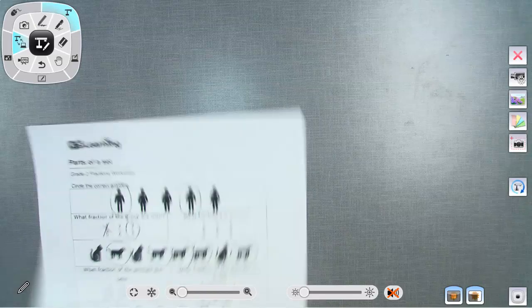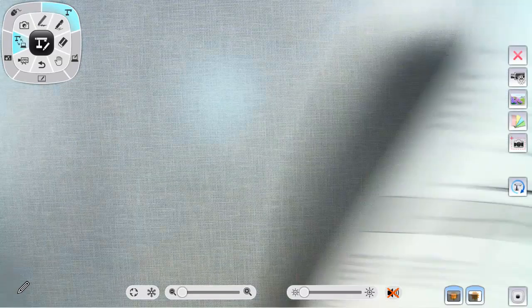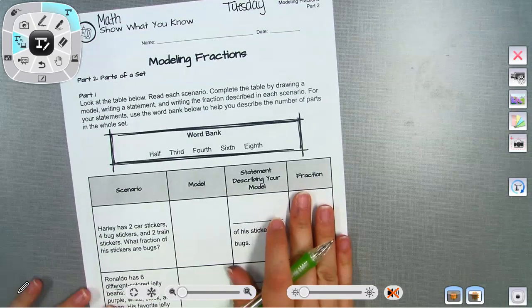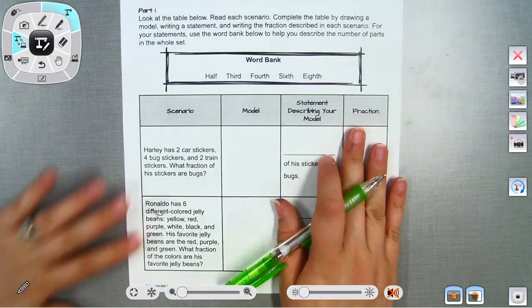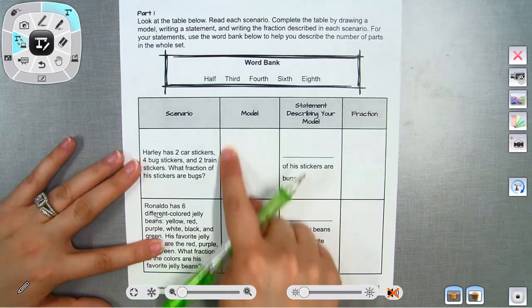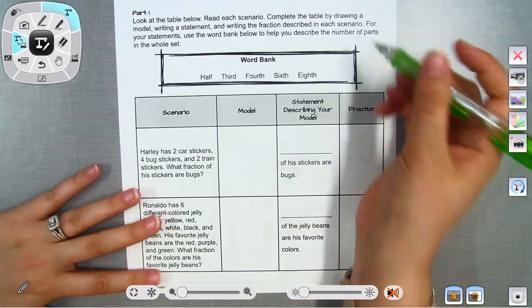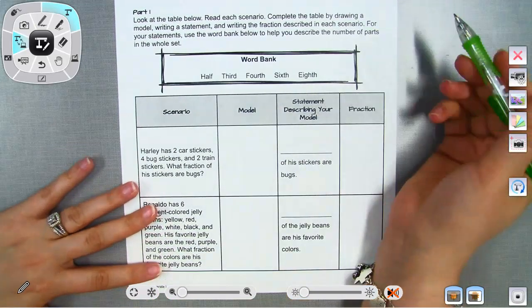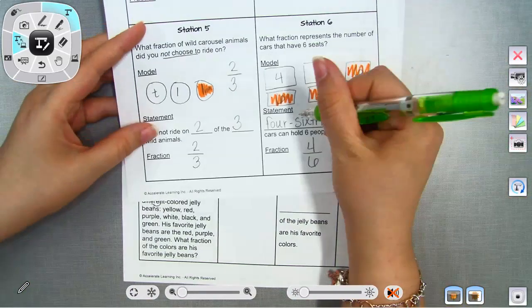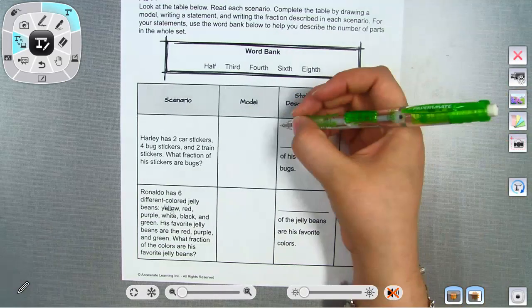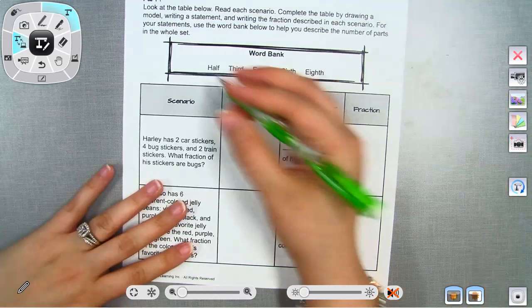Okay. So you are going to need the handout that has Math Tuesday, modeling fractions. So you will have a scenario. You're going to draw your picture. You're going to write the statement describing the model. So just like we did here, where it says 4/6, you're going to write your statement, and here's a word bank.